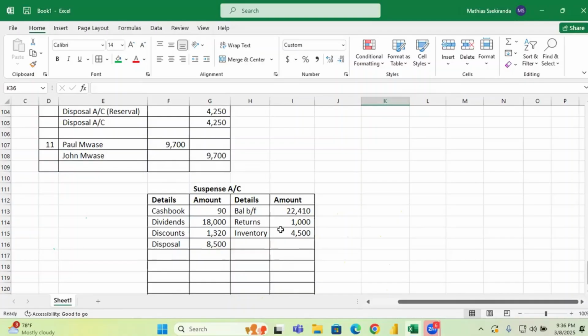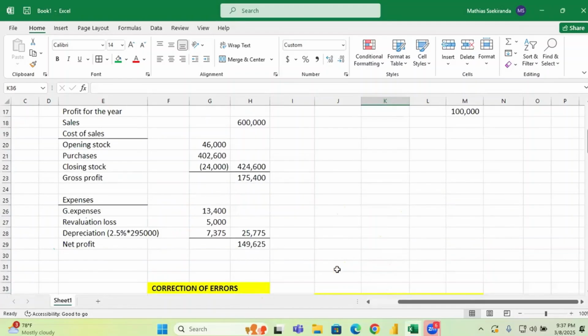And if yes, I treat it under this guiding principle of journals. Now, there is no such thing under correction of errors. The cash book will never be treated as a journal. It is always a ledger. Okay, thank you.